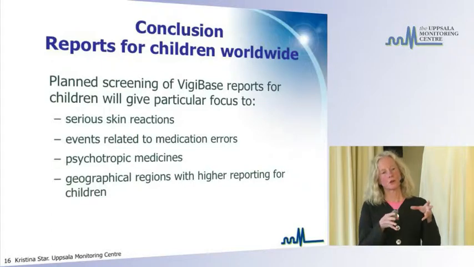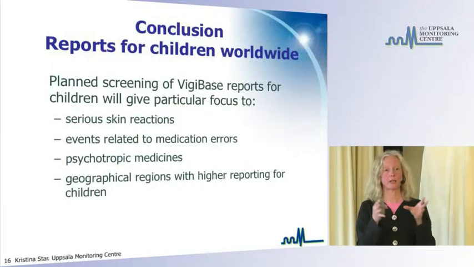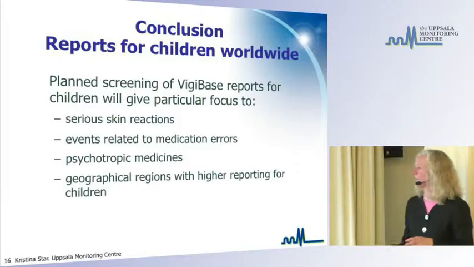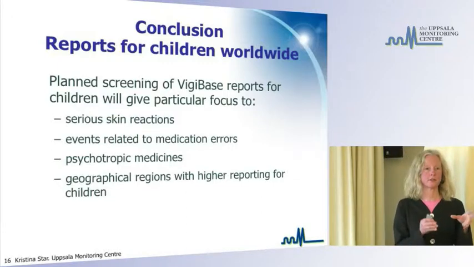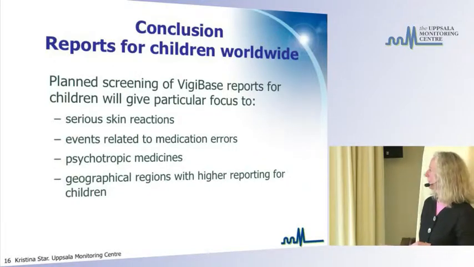But also we saw that Stevens-Johnson and toxic epidermal necrolysis were more common within the pediatric population than the adults, actually. The same applied to medication errors, which were more common in the pediatric population than in the adult population.